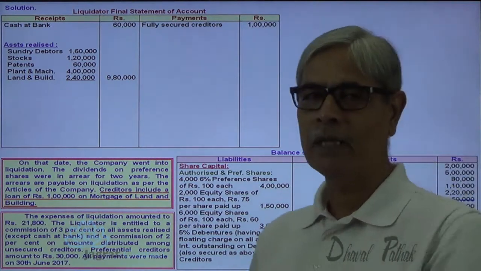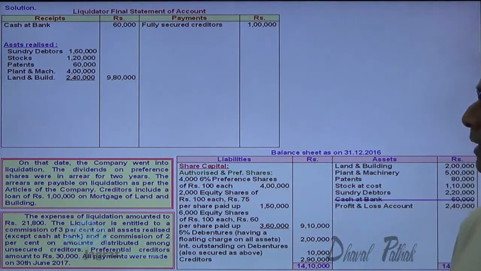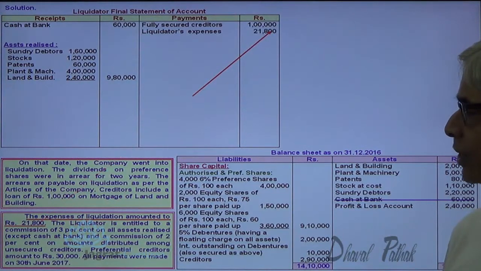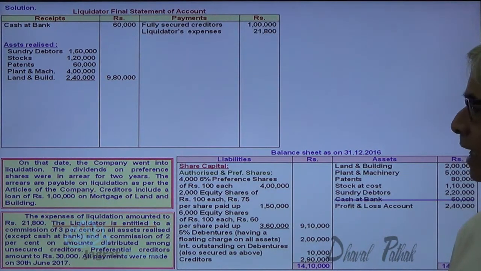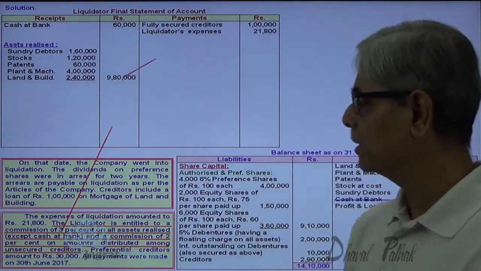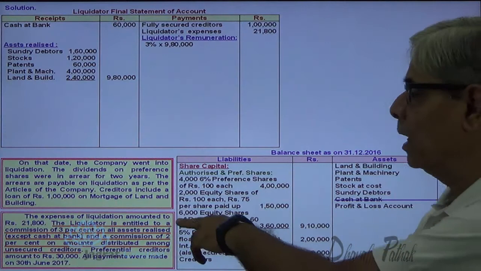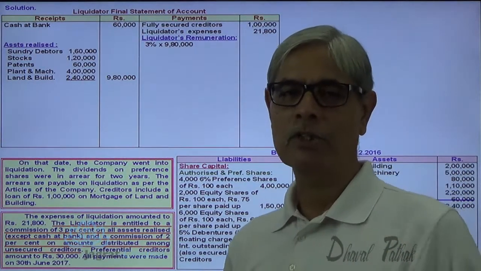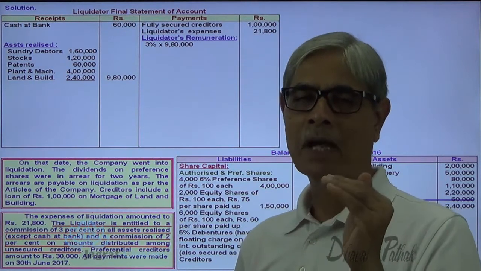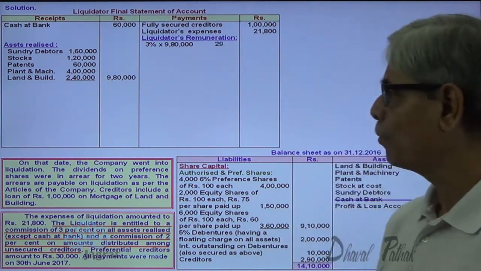After that I am required to pay liquidation expenses 21,800. Then liquidator's remuneration 3% of the amount realized for the assets. So 9,80,000 into 3%. I am required to pay 2% of the amount distributed to unsecured creditors, means preferential creditors are also a segment of unsecured creditors.